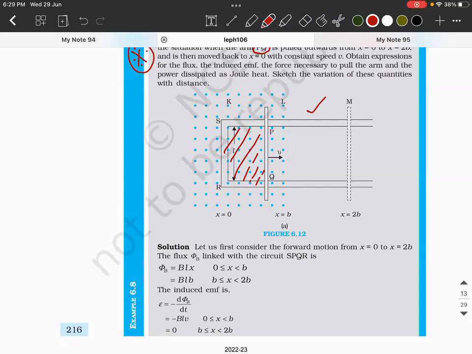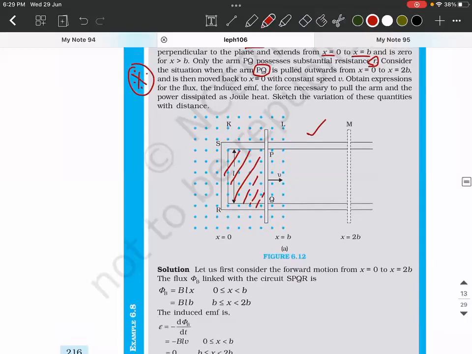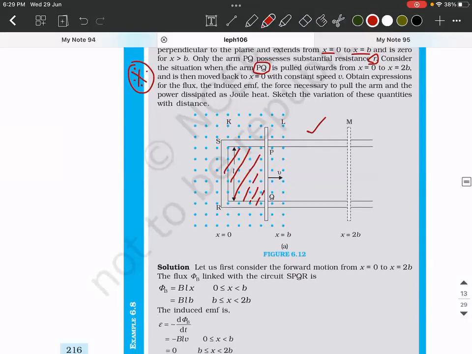From x is equal to b to x is equal to 2b, what is happening? It is a constant. So the flux is going to increase from 0 to b and it is going to be a constant from b to 2b.